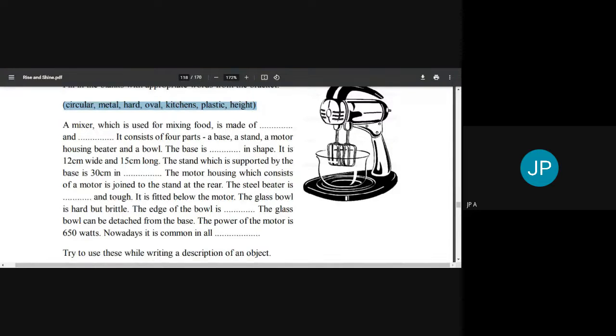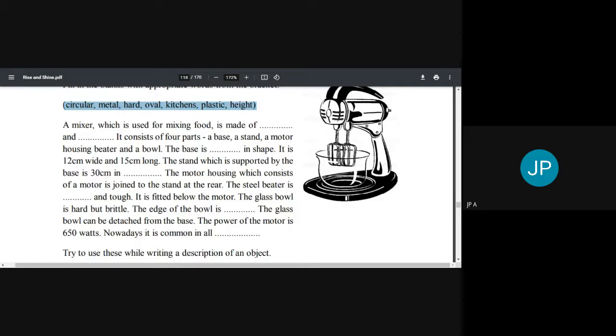Now here we are talking about the material. What is the material that we use? That is right. It is made of metal and plastic.